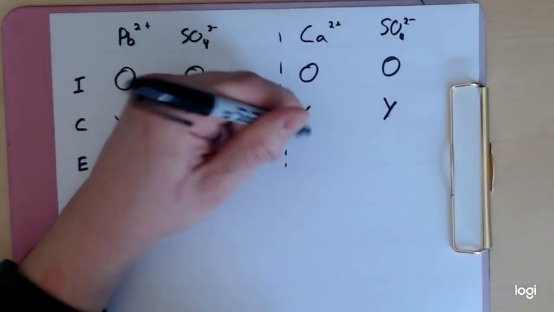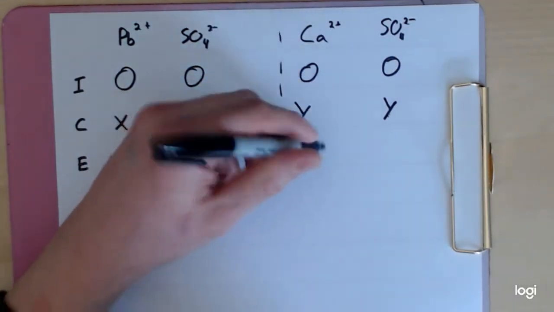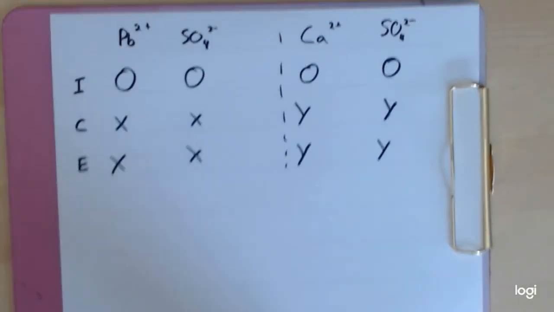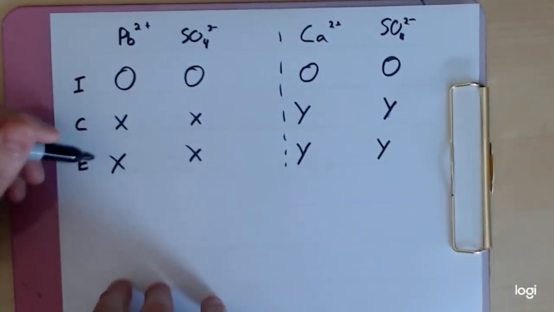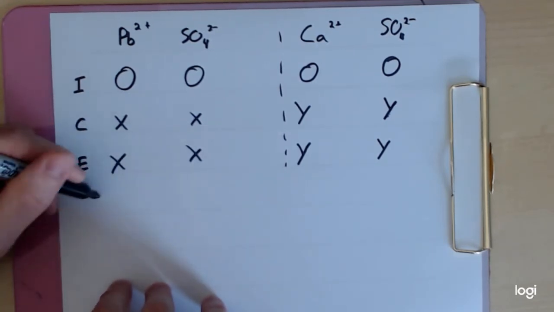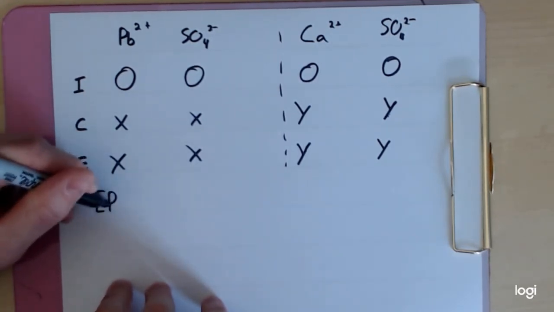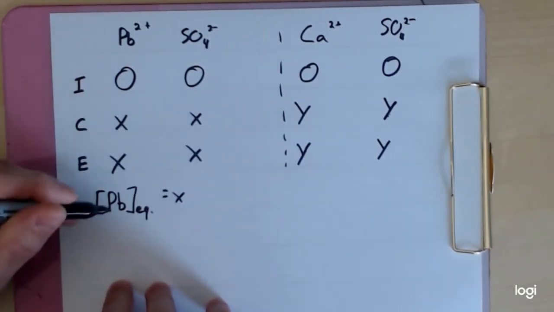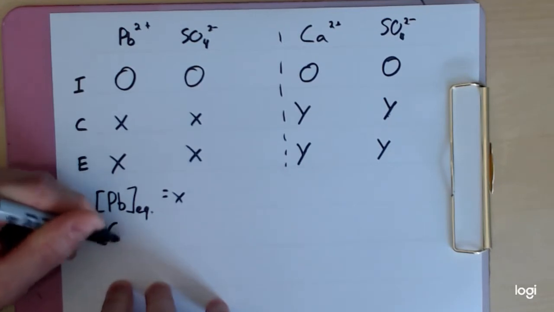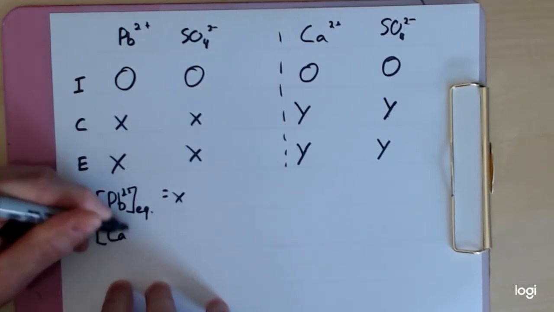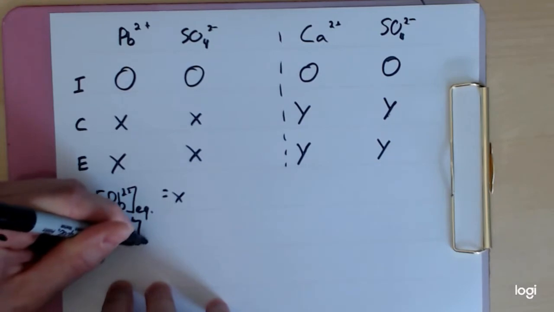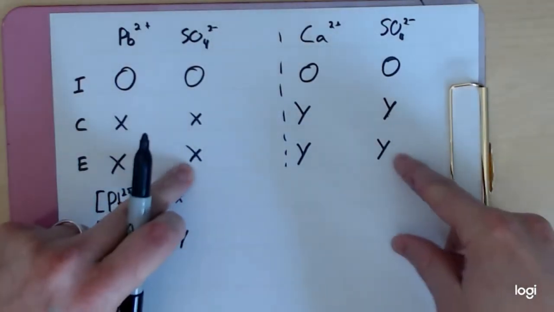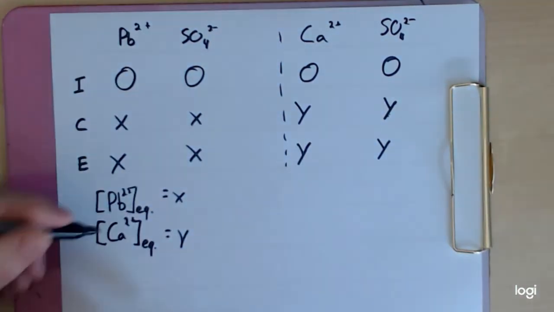And so the equilibrium concentrations of calcium and sulfate, considering just that one reaction, will again just be Y. And so the expression for the equilibrium concentration of lead is X. The equilibrium expression for the concentration of calcium at equilibrium is Y. But both of these had sulfates dissolving out of them.